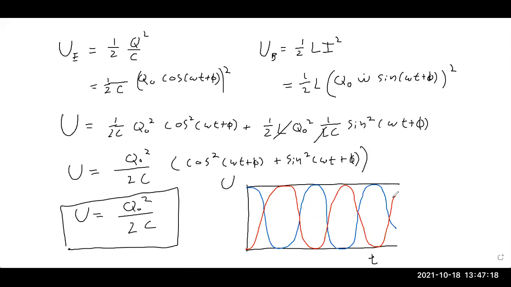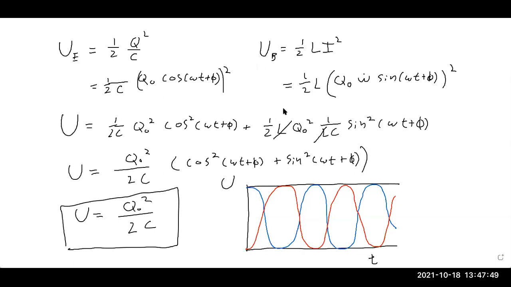And whenever there is no current, that's when the charge on the capacitor is greatest, and there's all the energy in the electric field. So this is similar to a mass on a spring. The mass is going fastest when it's in the middle and the spring is in its equilibrium position. And there's the most energy in the spring when the mass is still.